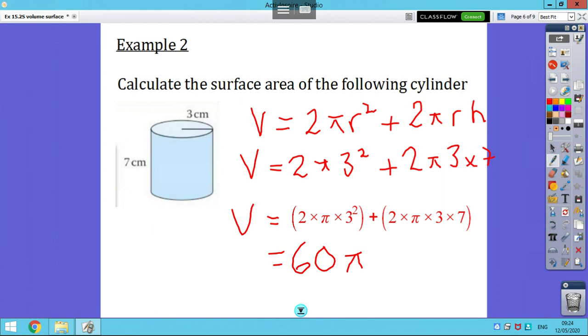So this could well be a non-calculator question if they asked you to leave it in terms of pi. If they wanted you to find it to 3SF or 1dp or whatever, well, 3SF would be 188 centimetres squared. If it was 1 decimal place, it would be 188.5 centimetres squared, and so on. So you get the idea.